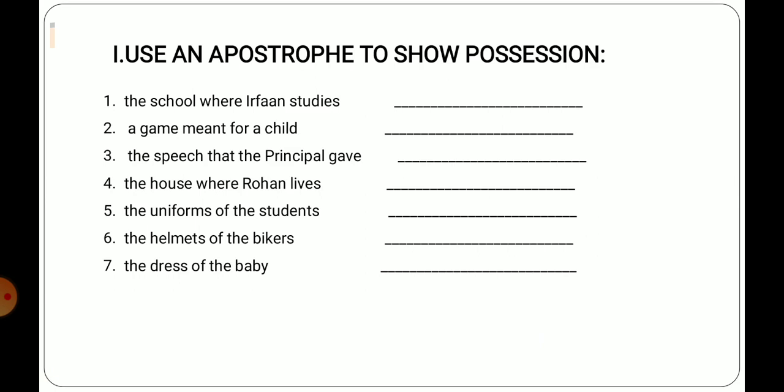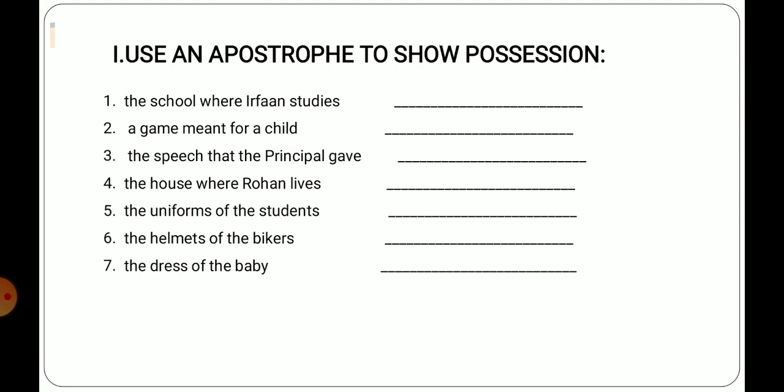The speech that the principal gave. Who gave the speech? The principal. So the principal's speech. The house where Rohan lives. Owner of the house is Rohan. So Rohan's house. The uniforms of the students.